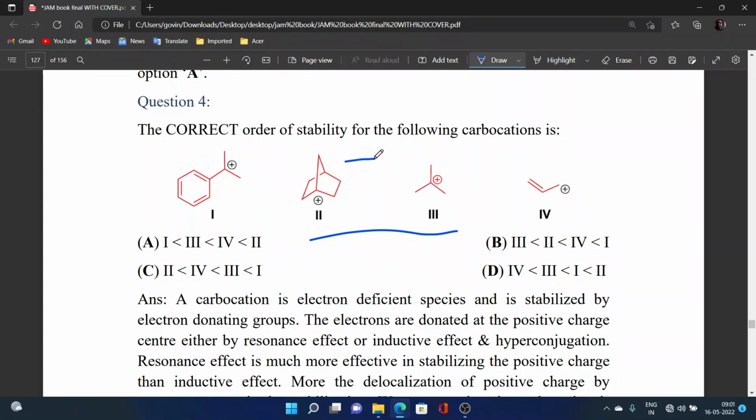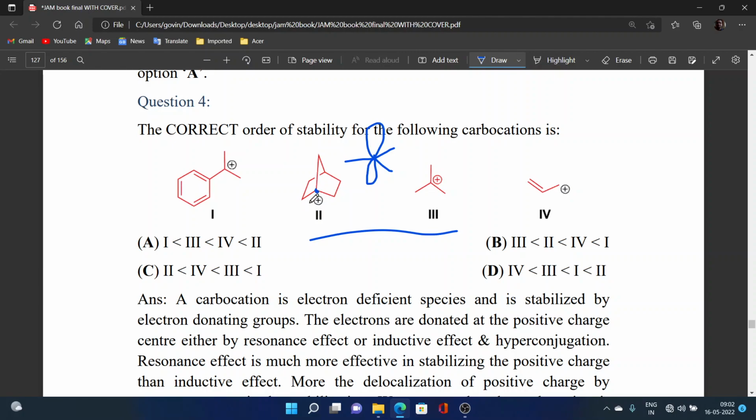You are having here and here, and you are having a p orbital which is perpendicular to the plane. So if it is sp2 hybridized with a vacant p orbital, the shape has to be trigonal planar. But you can see this molecule is bridged, it cannot become planar, a lot of strain is there.